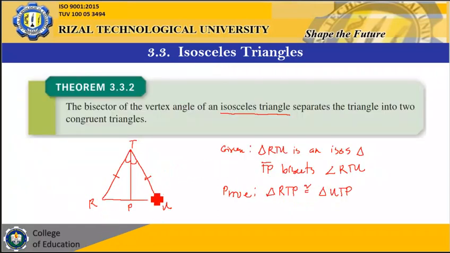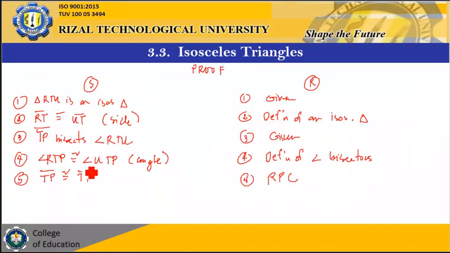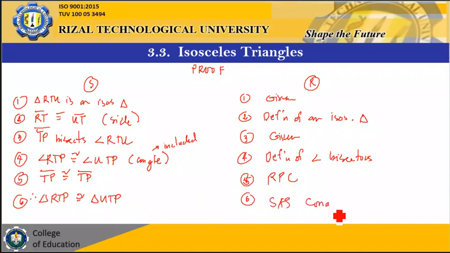And in this particular case, we see here that angle RTP and angle UTP are included angles. So that we're able to show that triangle RTP is congruent to triangle UTP by the SAS congruence postulate. Okay, and that ends our proof.